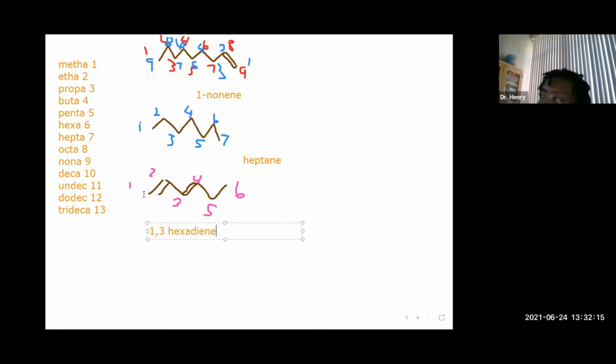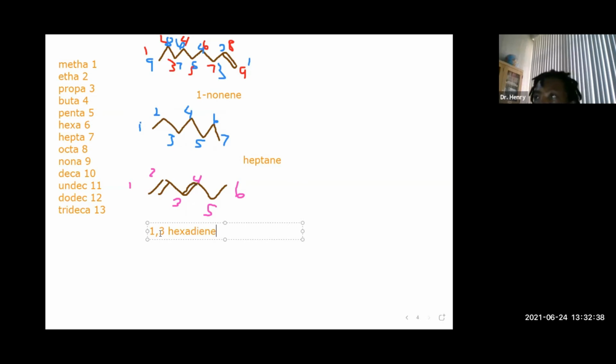Because we count the carbons, 1, 2, 3, 4, 5, 6. No, I'm getting there. Trust me. Since the very first double bond is on that first carbon, that's where we get that 1 from. Since the second double bond is on the 3rd carbon, it starts at the 3rd carbon. It goes from the 3 to the 4th carbon, right?